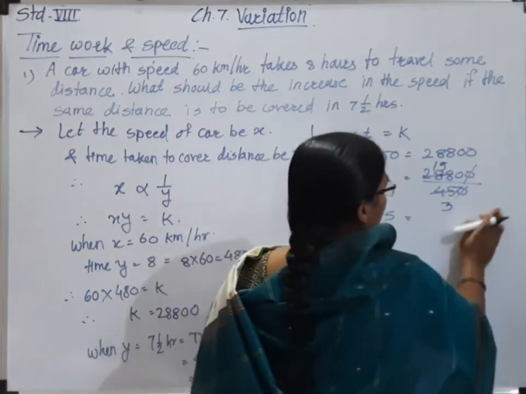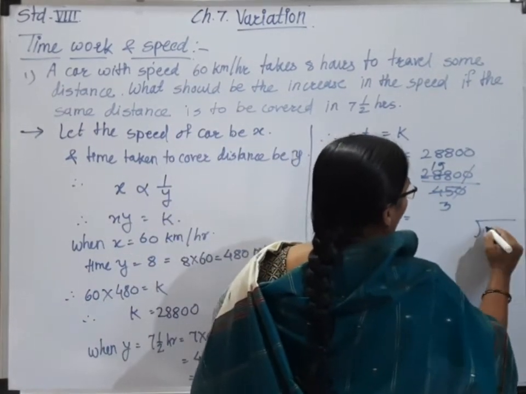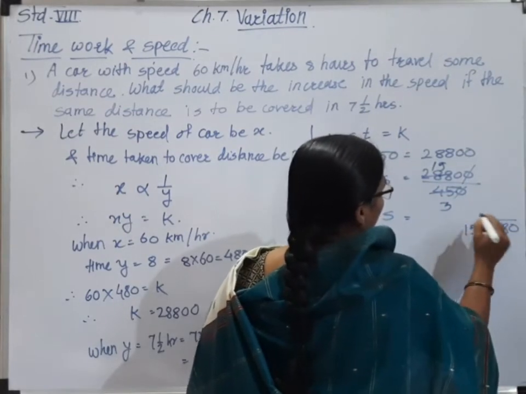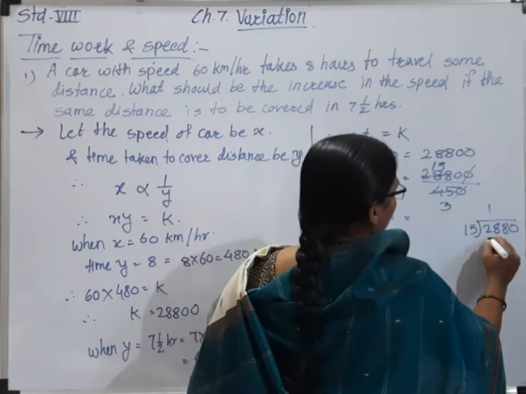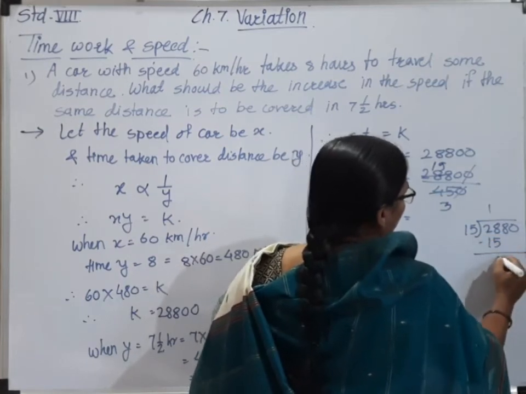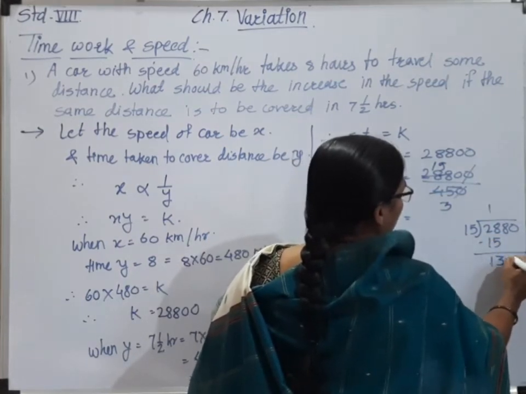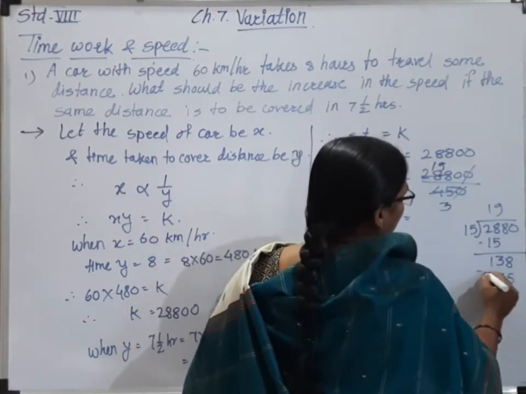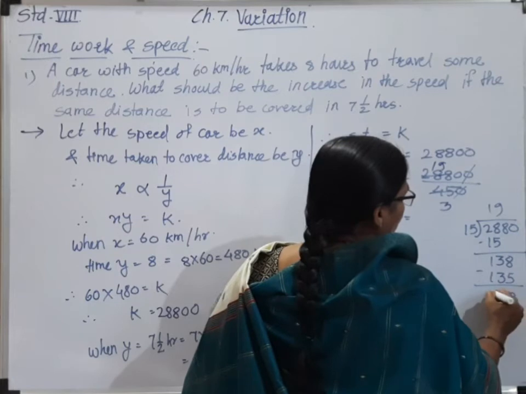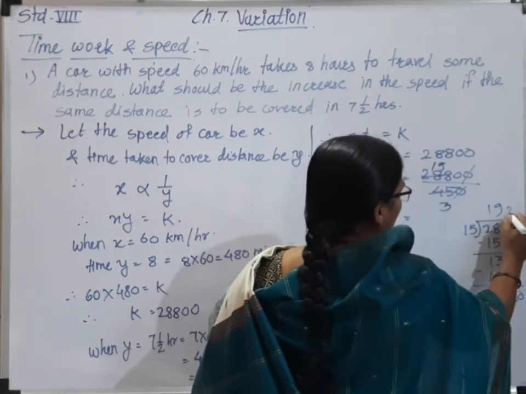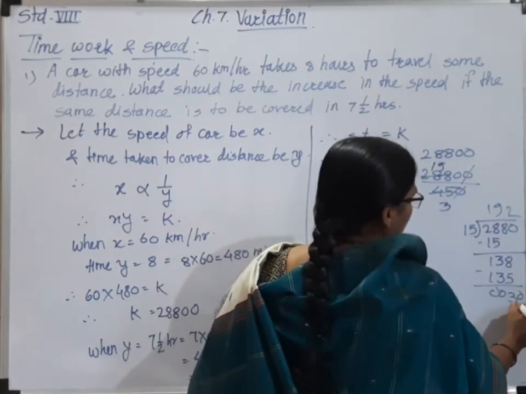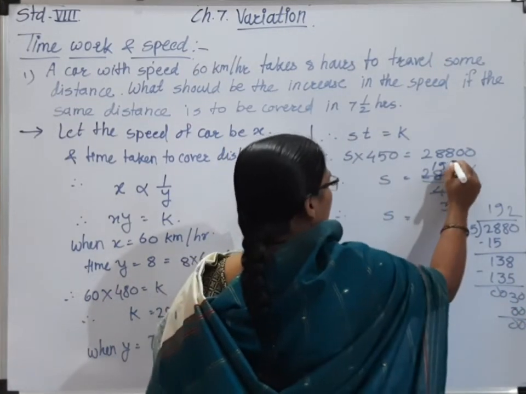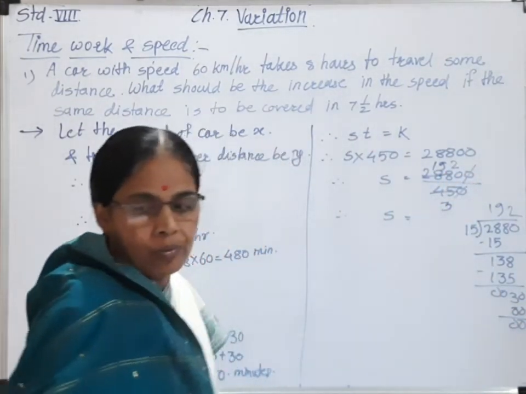Or we can divide in this way, if you are not understanding. 2880 divided by 15. 15 ones are 15, here 3 is left, and 15 nines are 135. Then 15 twos are 30. So it is coming 192.